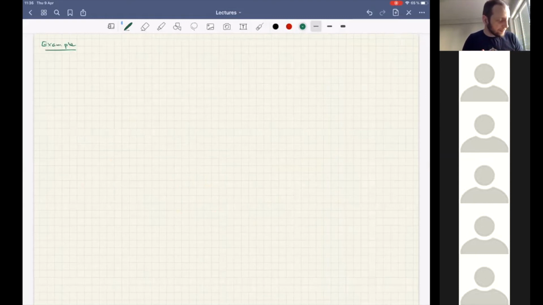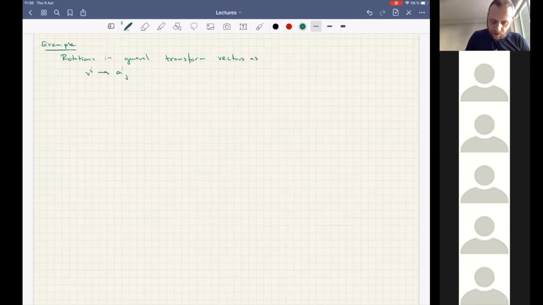So let's take an example. What we're going to look at is the rank 2 tensor representation of rotations. So rotations in general, they transform vectors as Vi goes to Aij Vj, right?